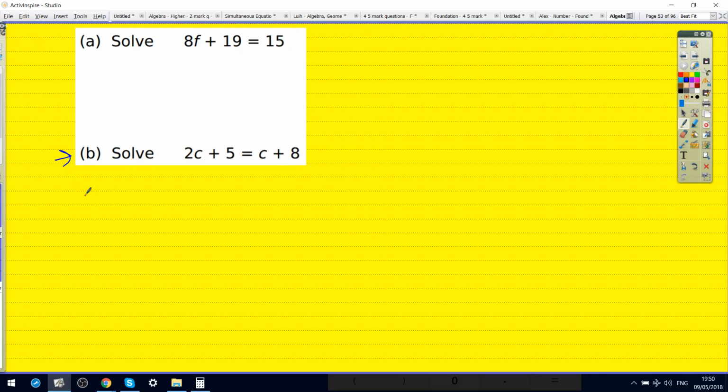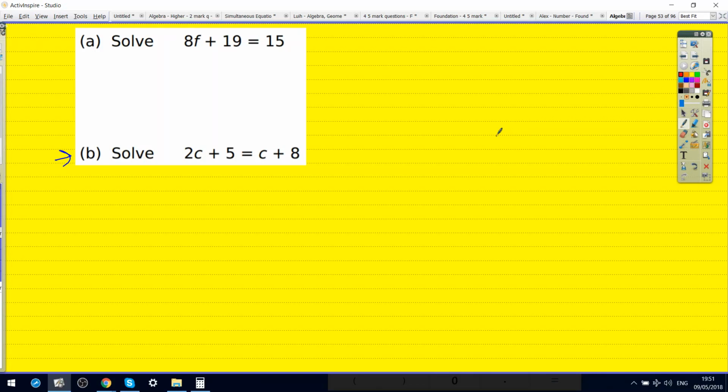How about B? 2C plus 8. So that would be solve. Well, it minuses the 1C to add on to getting 8. So, what do I need to add to 5 to get the 8? If you have an unknown on both sides, I would start by subtracting the smaller one from both sides.